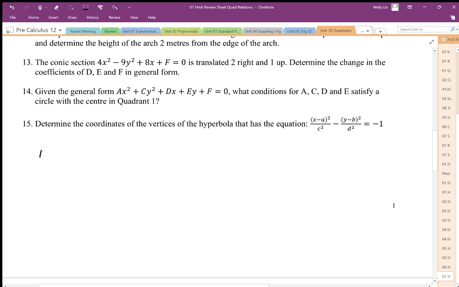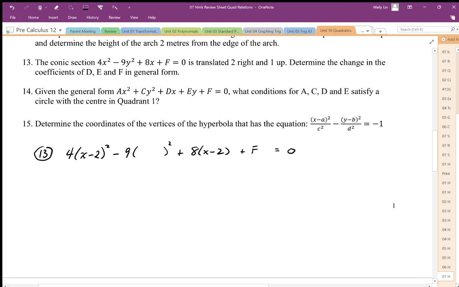What we could do is just apply the transformation directly into the x's and y's. So 2 to the right is going to be an x minus 2 transformation. So we're going to do that, x minus 2 for all the x terms.